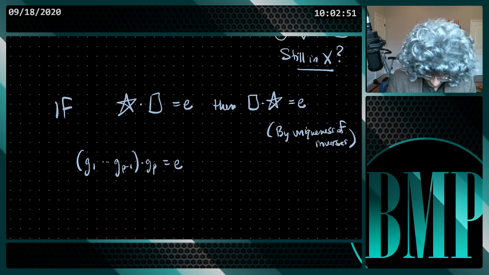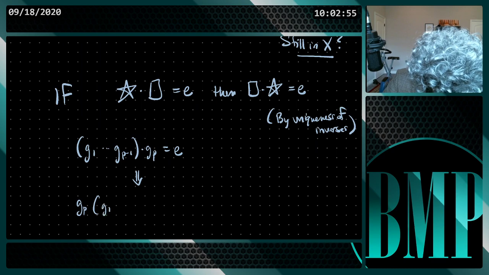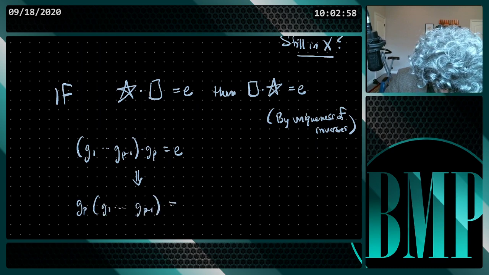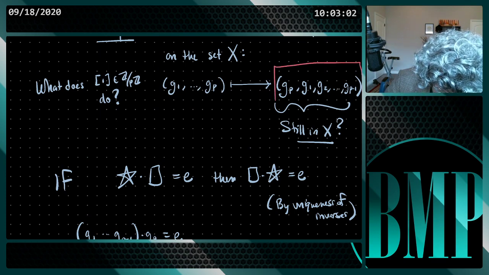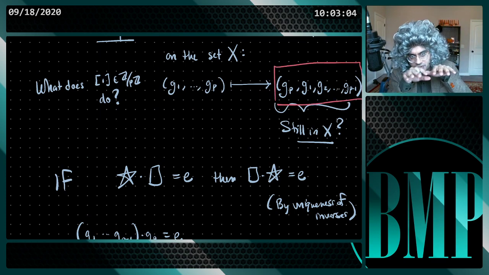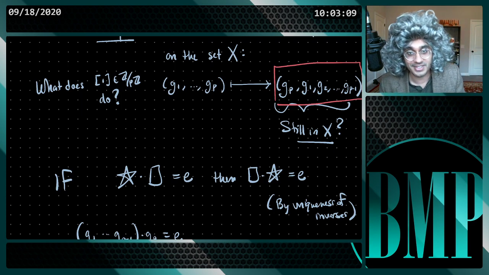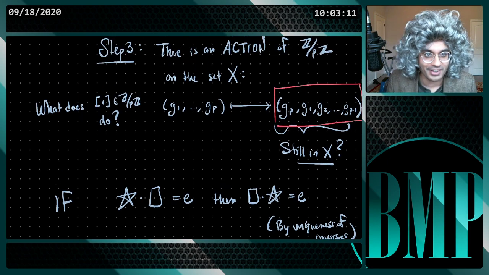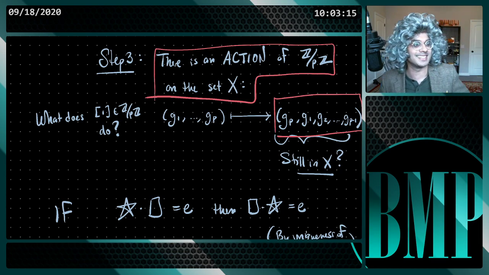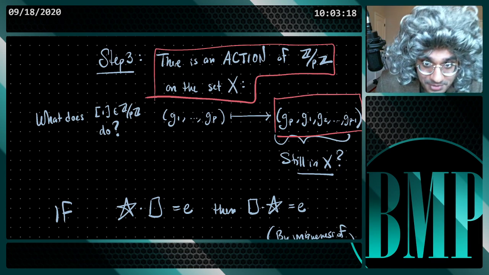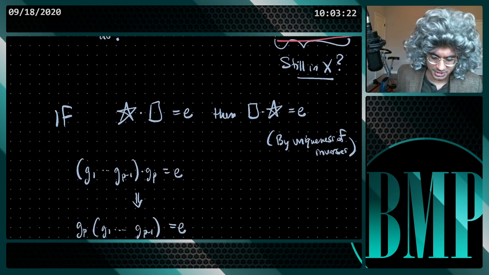Then so does g_p times g1. And so indeed, this cyclically shifted string is also in the set X. That's a relief. So yes, indeed, there is an action of Z mod pZ on the set X. All right. Step 4. Let's zoom in on this action.